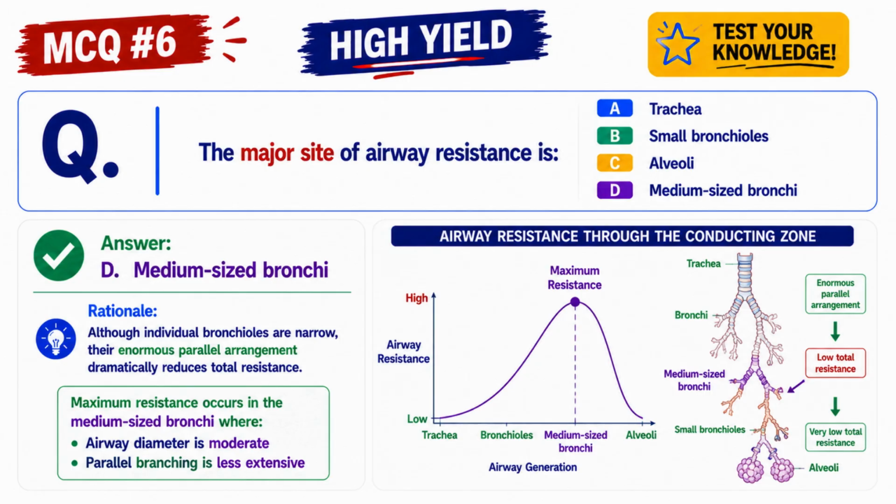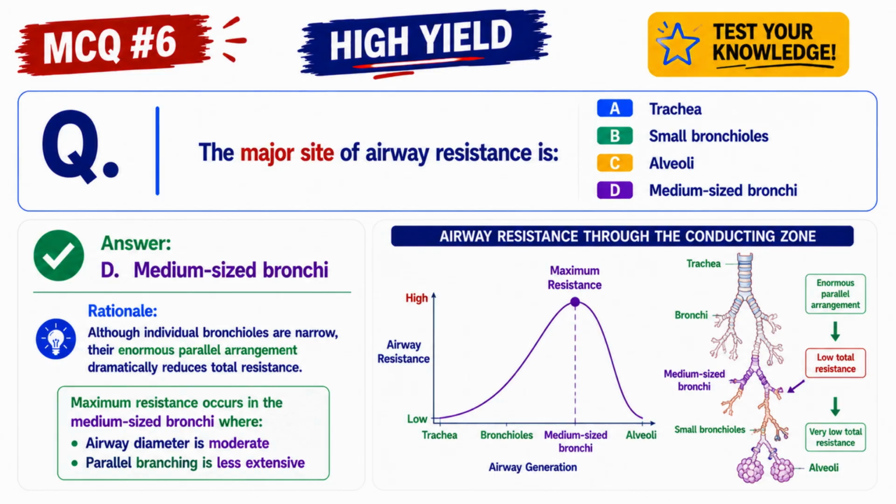But individual bronchiole resistance and total resistance are two different things. The airways branch extensively as they travel from the trachea to the alveoli. At the level of the small bronchioles, there are hundreds of thousands to millions of parallel pathways. When resistors are arranged in parallel, total resistance decreases dramatically.